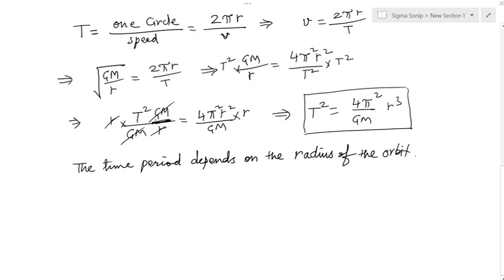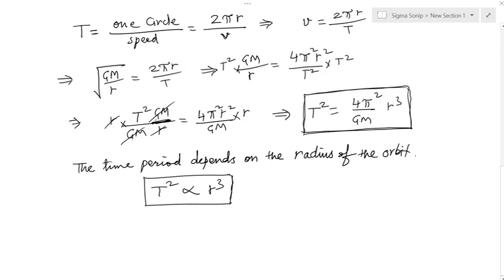In particular, t square is proportional to r cube. This is an observation which was made by Kepler many years back. Kepler practically studied the time periods and radii of the different planets around the sun, and he proposed this relationship, and that relationship was verified as well.